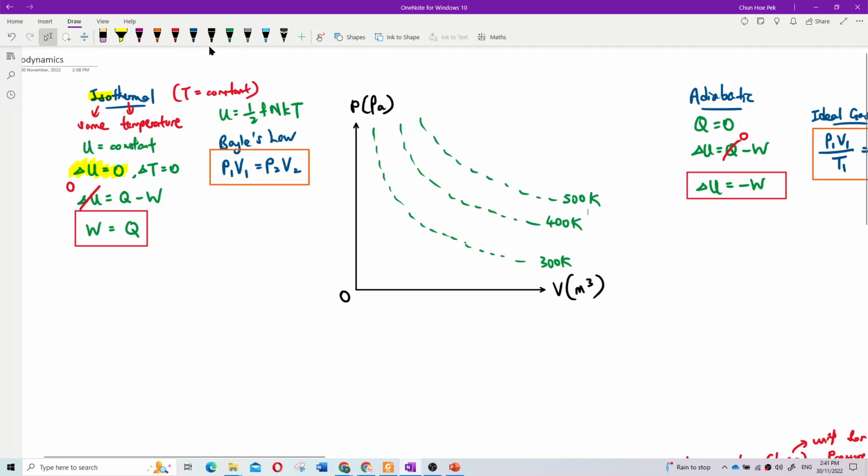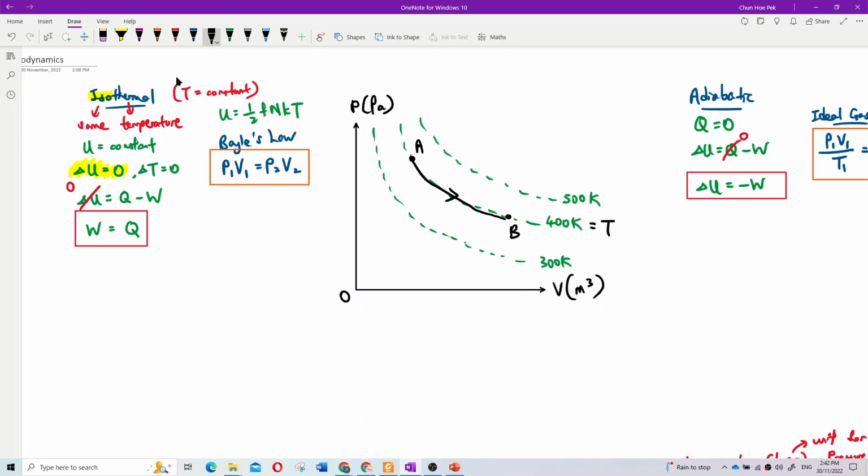So the isothermal process, the graph is like this. Let me draw it beautifully. It goes, let's say, from A to B, maintaining the same temperature. Understand? Same temperature. This is the temperature.